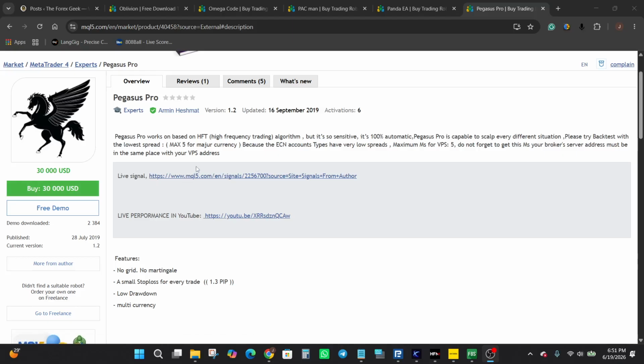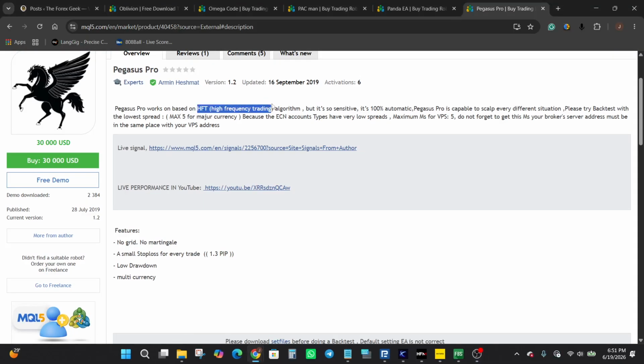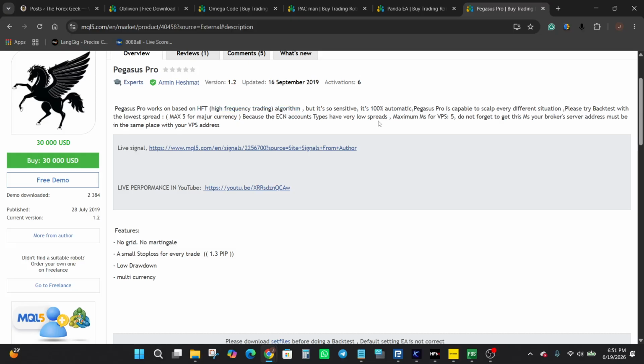The current version shown is version 1.2, updated on September 16th, 2019. According to the description, Pegasus Pro is based on a high frequency trading or HFT algorithm. The developer states that the system is fully automated and designed to scalp different market situations.